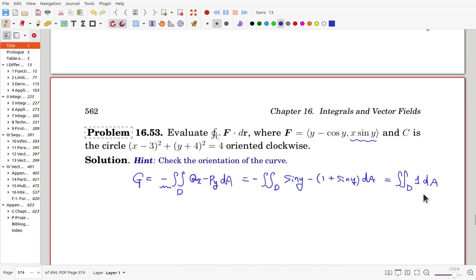This is the area of the disk, the center is (3, -4) and the radius is 2, so we can easily find the area. For a circle, area is pi r squared. R is 2, so that is 4 pi. Oops, we forgot the minus here, so this is minus 4 pi, right?